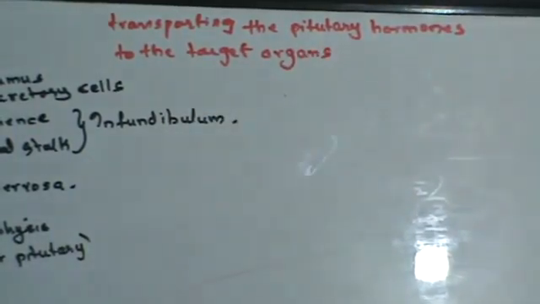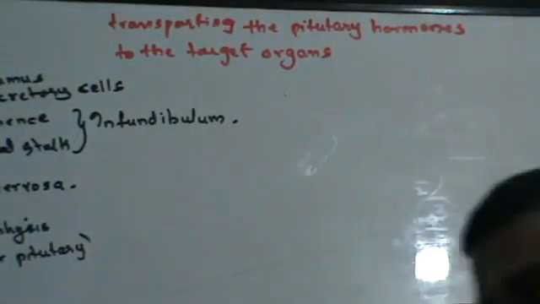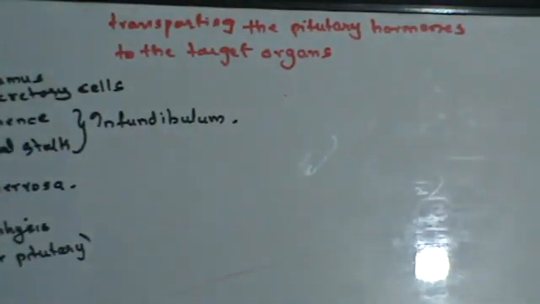So that was about pars distalis, right? Which is your major part. It is made up of three different types of cells, and it has this system called sinusoids, right? And it is these sinusoids that help in transporting the hormones to the target organs.